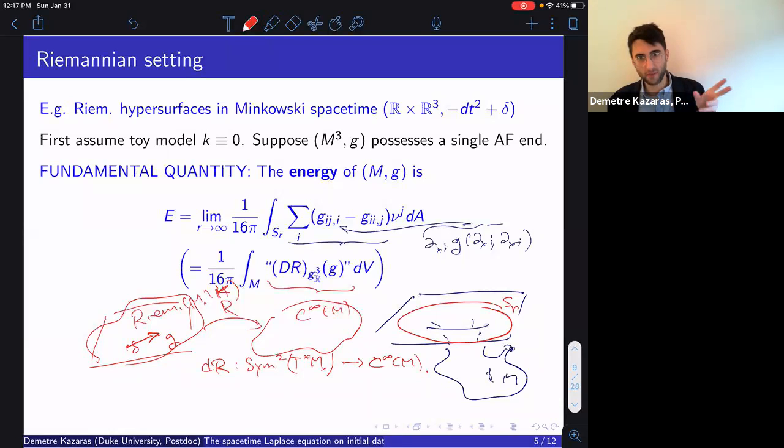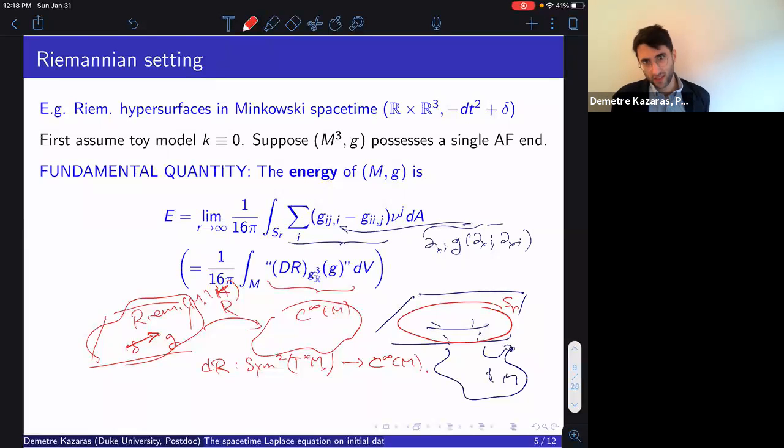So you can go from the flat metric in the direction of the metric defining the initial data set, G, and you plug that into the differential of the scalar curvature map. You integrate this quantity over your manifold, and that is an interpretation for what this energy is.